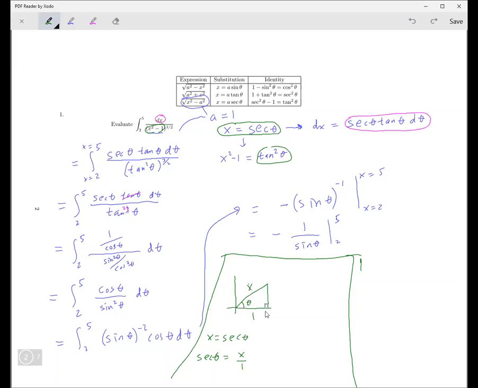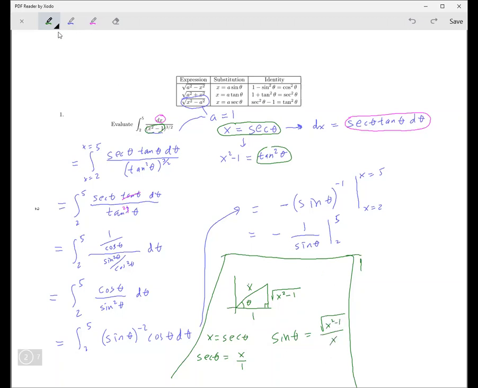this is a right angle. So if that's 1 and that's x, and this is the square root of x squared minus 1, which is kind of what we got right here, see? Okay, that means that the sine is the square root of x squared minus 1 over x, okay?